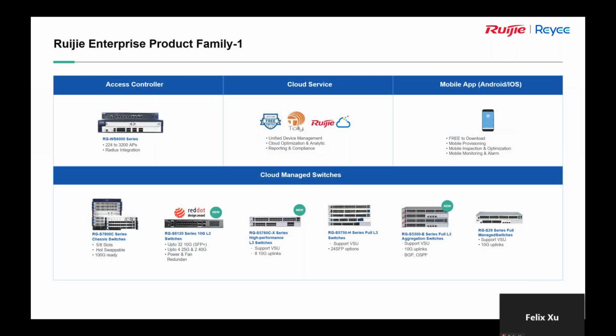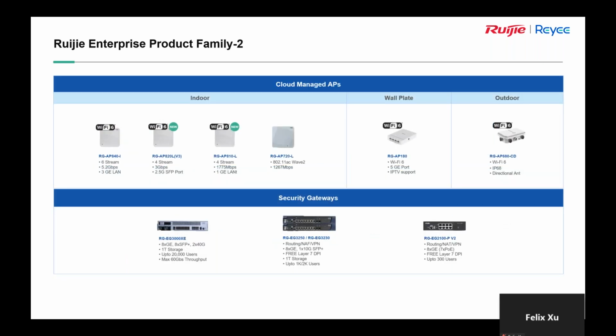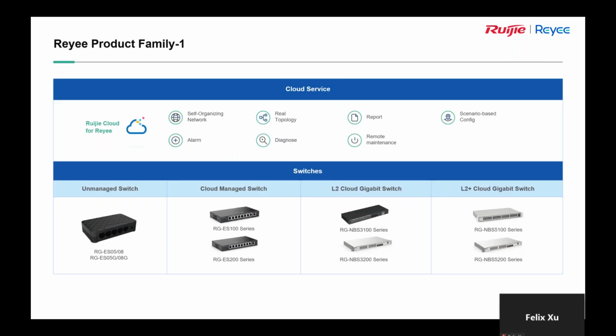Here you can find the product family of Ruijie Enterprise products. We have access controllers, managed switches, managed access points, and also the security gates in the Ruijie Enterprise brand. And also, Ruijie has unmanaged and managed switches, access points, routers, and home Wi-Fi.